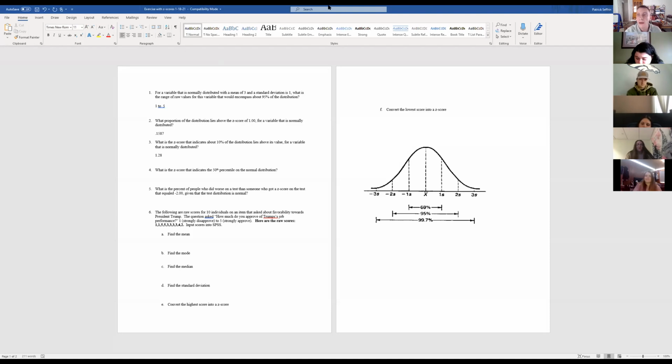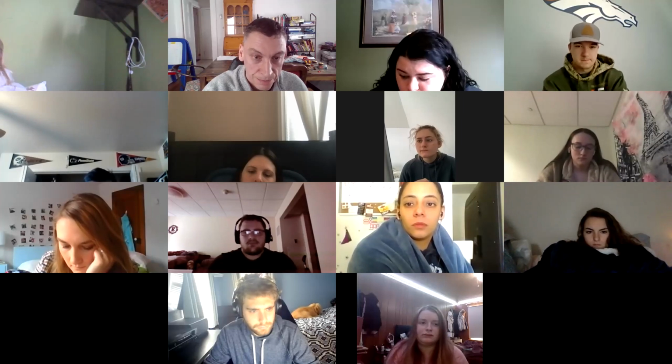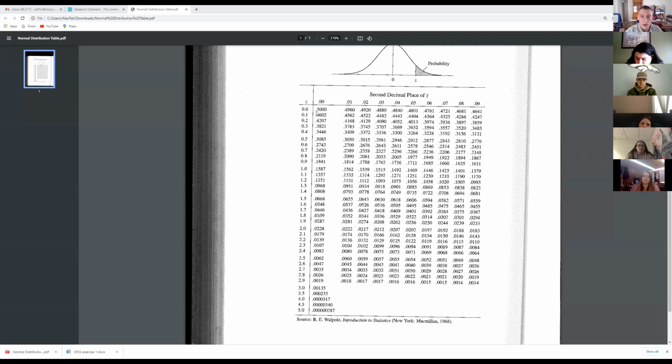So let's look back at the table and see where that came from. For a z-score of 0, it's saying that 0.50, or 50%, falls above it and 0.50 falls below it.